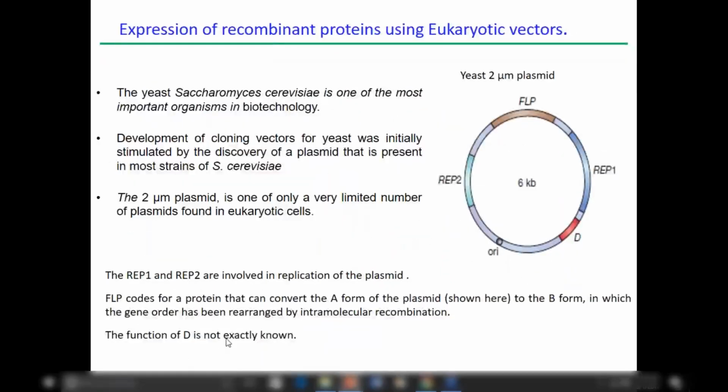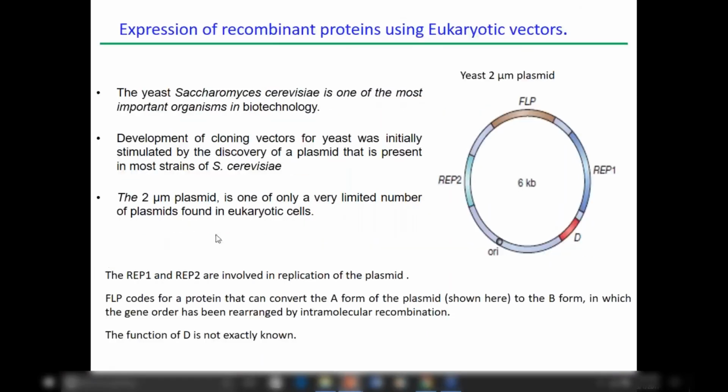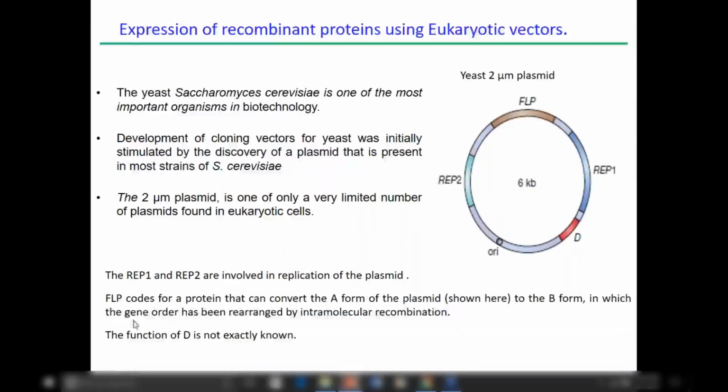Okay, so what they have done, when they were looking at Saccharomyces cerevisiae under the electron microscope, apart from chromosomal DNA, there was another piece of DNA whose size is 2 micrometer.